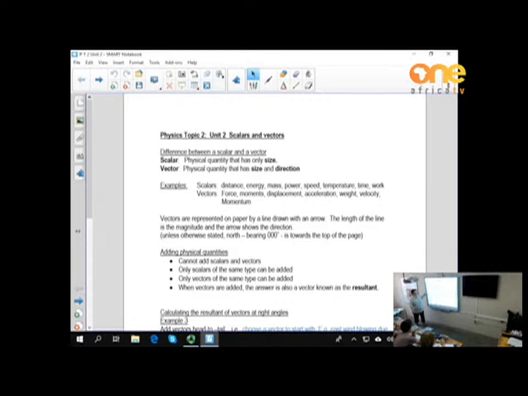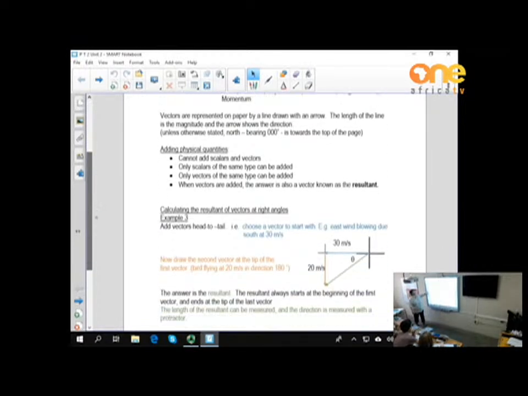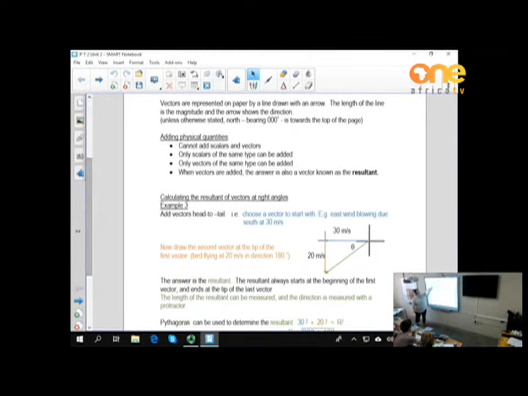When we draw a vector, we represent it as a straight line. Use a ruler. It's got an arrow on it because that indicates direction. Normally, when we work with our page, we treat the top of the page as north, the bottom as south, the left as west, and the right as east.